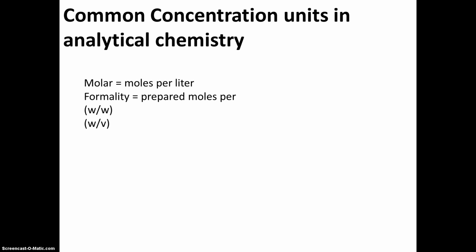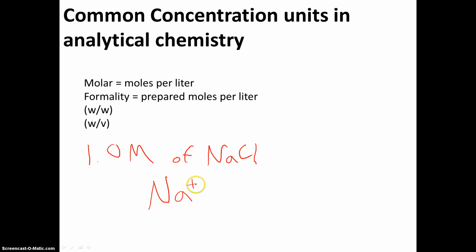So what I mean by that is if you have something like sodium chloride, if you're making a one molar solution of sodium chloride, what we know about sodium chloride, it being an ionic compound, is that it is going to dissolve into sodium and chloride, cations and anions there, and so you don't actually have a solution of 1 molar sodium chloride.